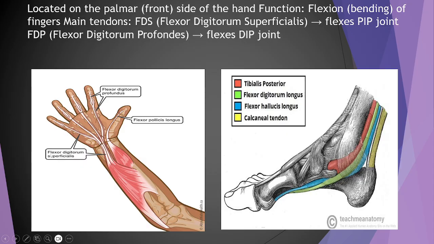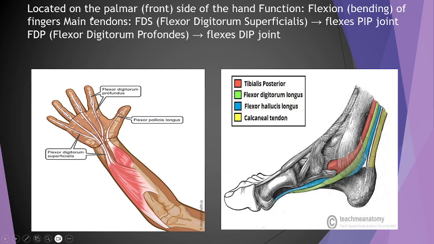For example, flexor digitorum superficialis, which you can see in the wrist area, flexor pollicis longus and the flexor digitorum profundus. And in the leg, the green part is flexor digitorum longus, and the blue part is known as flexor hallucis longus. So these are the flexor tendons in the hand and the foot.